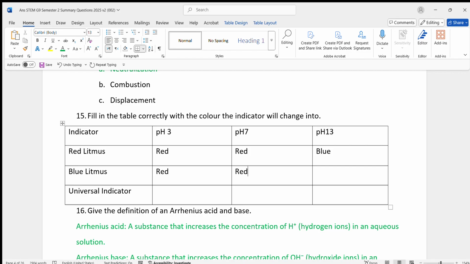I'm sorry, it stays blue at pH 7 and remains blue at pH 13. Now universal indicator: it is red or orange at pH 3, then at pH 7 you know that it's green, and here we have purple.